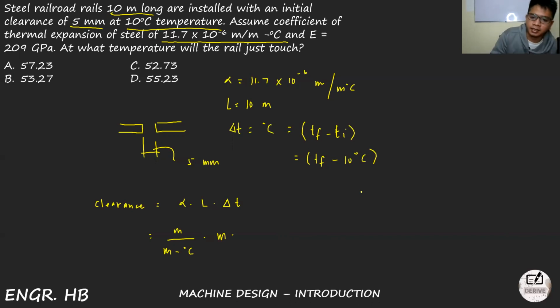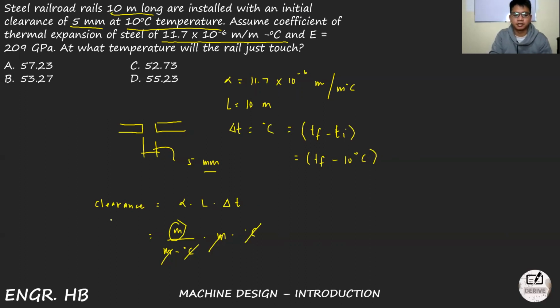Okay, syempre, kailangan mas malaki yung makuha nating temperature kasi nga, nag-expand yung steel mo, syempre, mataas yung naging temperature. So this is a degree Celsius. So canceled, canceled, canceled, canceled. Ang matitira is meters. So mamaya natin i-divide or i-times sa 1,000 para maging 5 mm. Or pwede rin namang si 5 mm ay i-convert na natin sa meters.